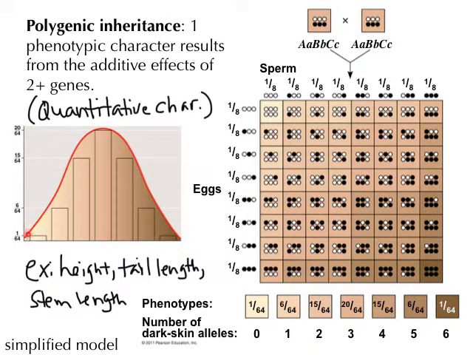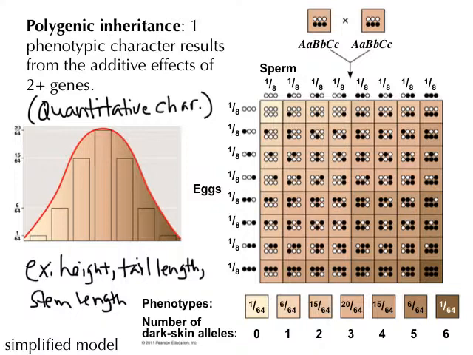So something like skin color, this is that example, height, tail length on an animal, stem length on a plant. It's not like discrete units. Someone's not just 5'2", 5'3", 5'4". I mean, that's what we say they are, but there's really all sorts of in-between phenotypes. And that's because there's many genes that are contributing to that one phenotype.